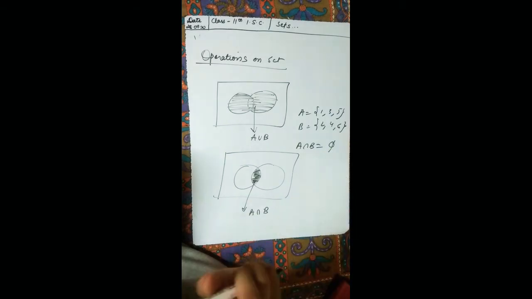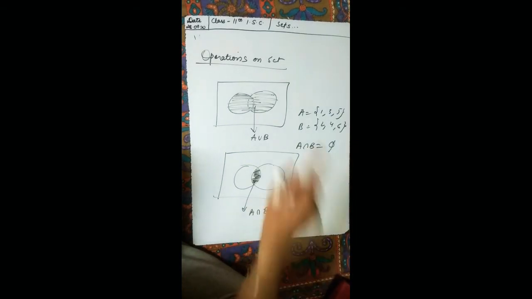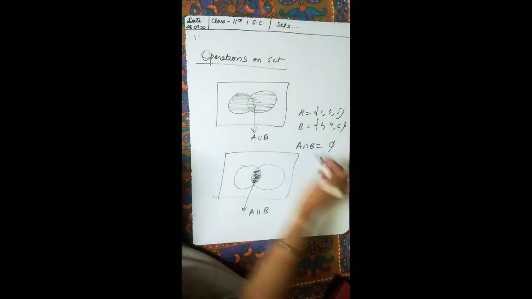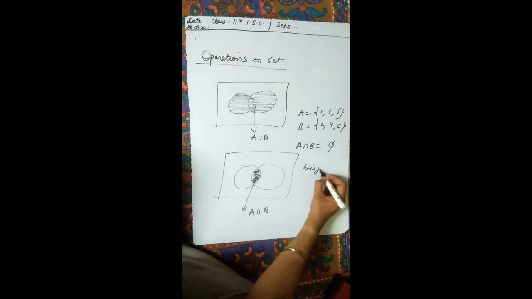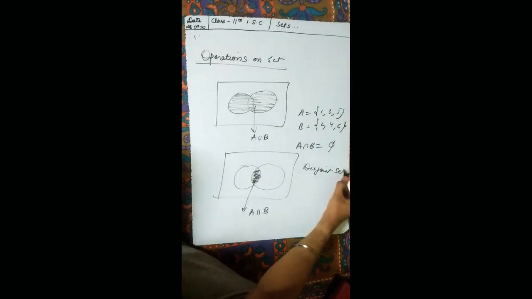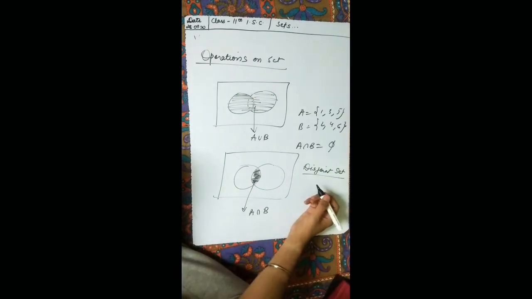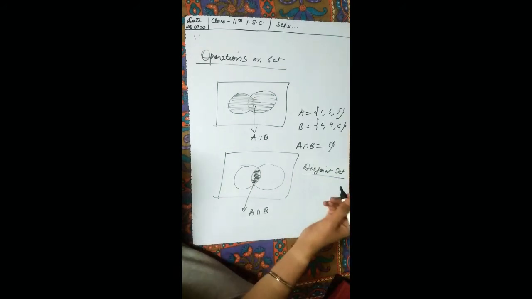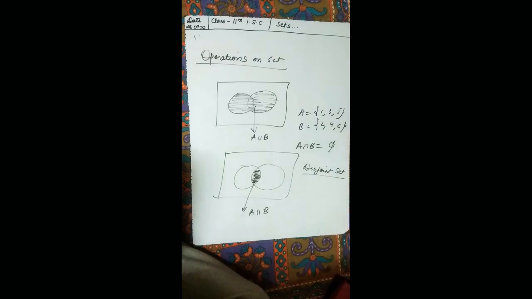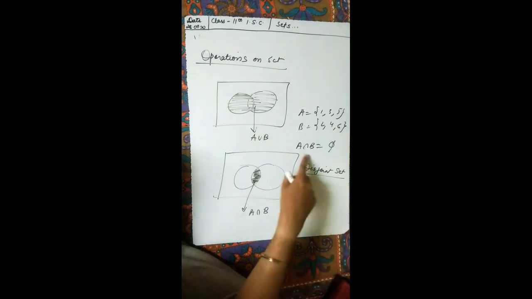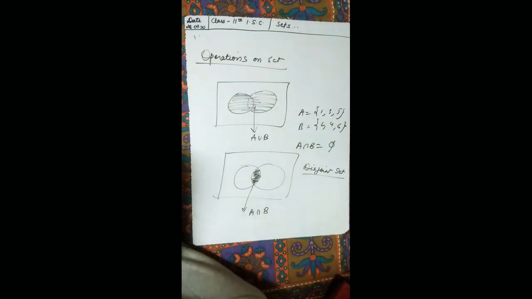Therefore from here you need to understand one more thing: we call A and B disjoint sets. Whenever the question says A and B are disjoint sets, you have to remember that their intersection will be phi.